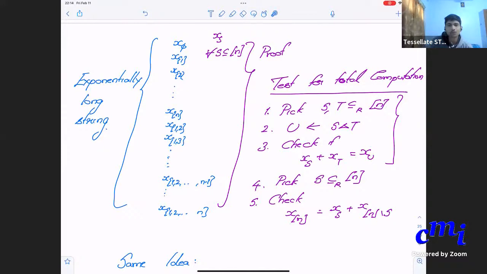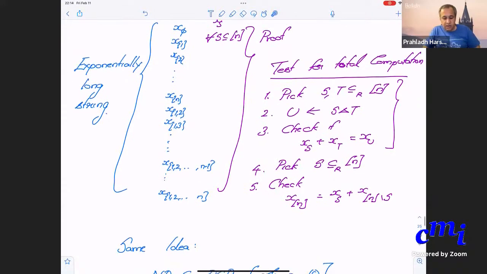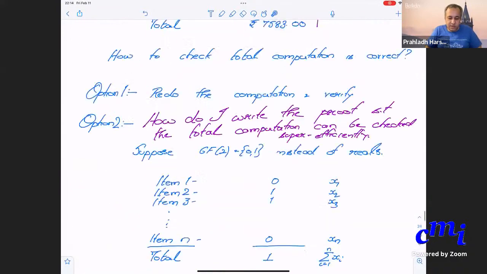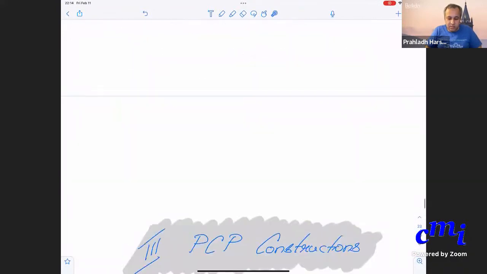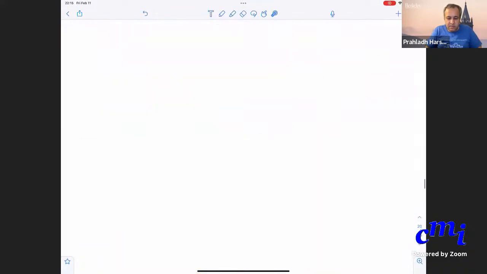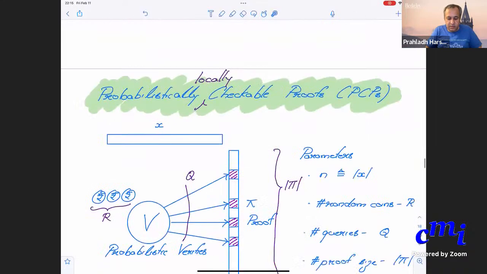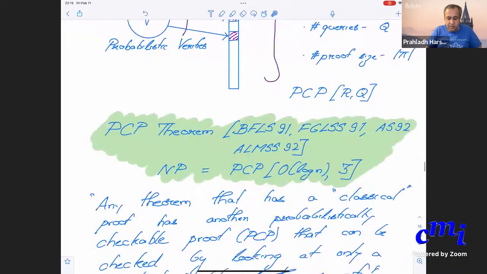I had one question. Initially you said that there are some problems which are also hard to verify, which are outside NP. Do we have PCPs for those problems also? No. So certainly, the PCP theorem, as I stated over here, cannot do that, because the PCP theorem is in NP.